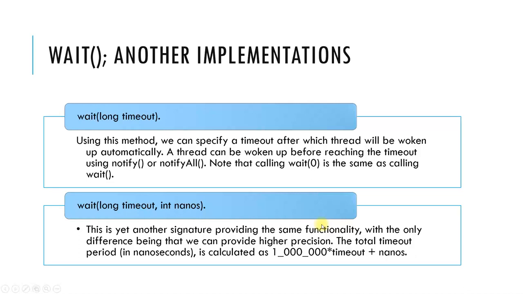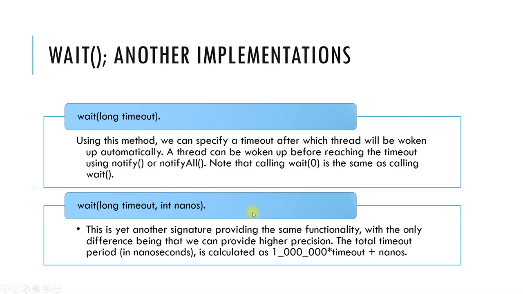Wait has another implementation with a long timeout, so we can specify nanoseconds as the second argument, and the timeout in milliseconds as the first argument. We can use it like this, and it will work like the join method.